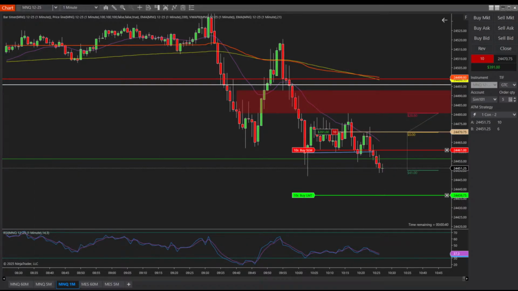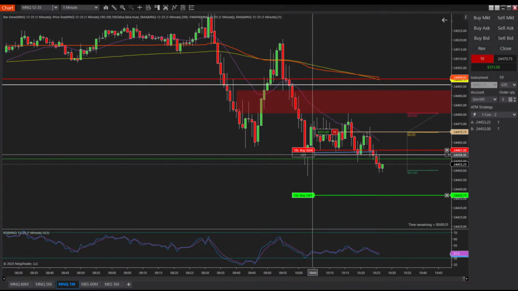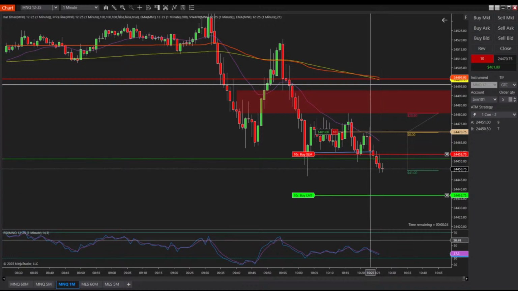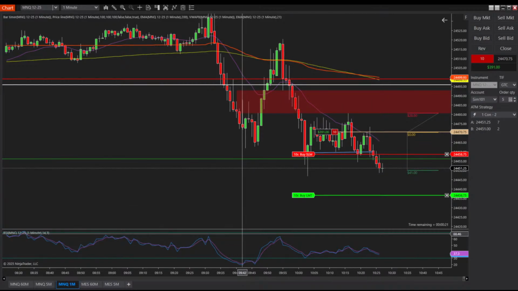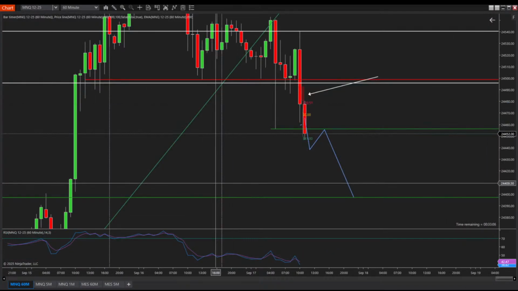Let's see if we can get as much as we can out of it though. Can we get more out of this? Put my stop right above this support. Trailing that last candle. Let's look back at the 60-minute again.